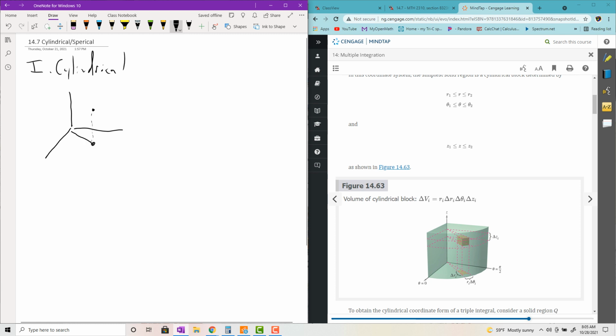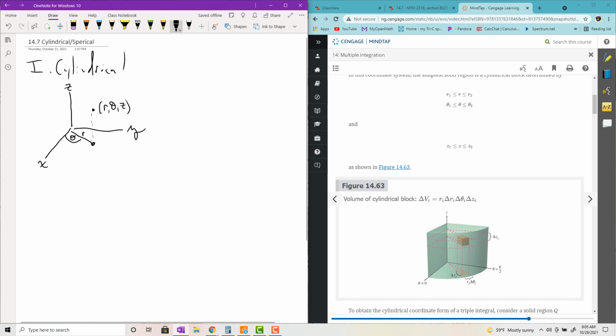Okay, so we can describe that location using the angle theta that it makes with the x-axis, and then some directed distance r, and then you just go up some distance z. Okay, so this point that's sitting right there in space would be r comma theta comma z.